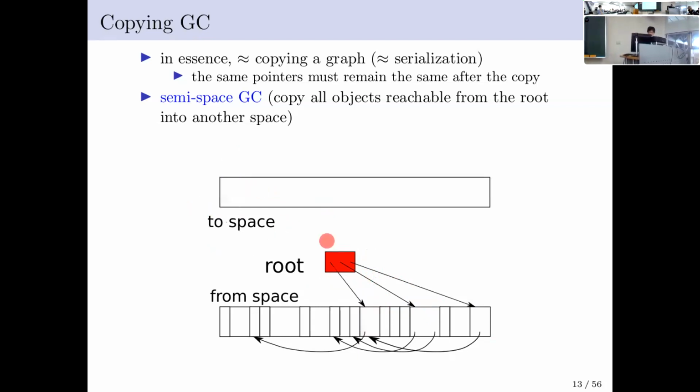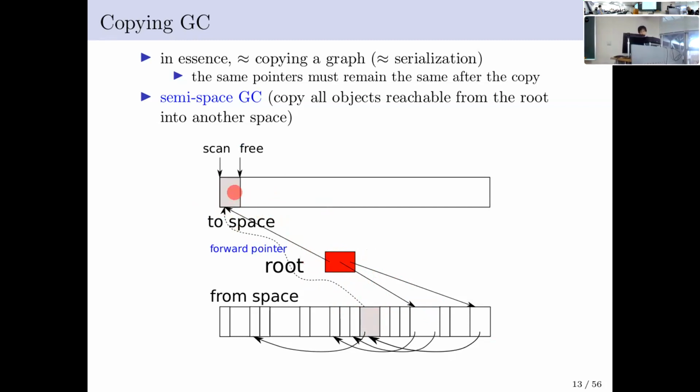Like before, we first identify that this object is reachable because it is directly pointed to by the root. But this time you make a copy of this object, and two important things happen here. One is that you have to redirect the original pointer, the pointer that used to point to this address, to the new address to which this object has been copied.